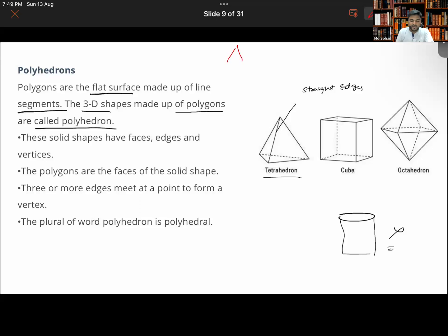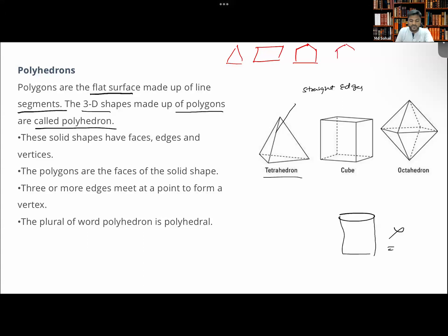For example, you have triangles, quadrilaterals, pentagon, hexagon, heptagon, octagon, nonagon, decagon, and so on. So they will be made up of polygons. And polygons have straight lines in them. All the polygons have sharp edges and vertices.